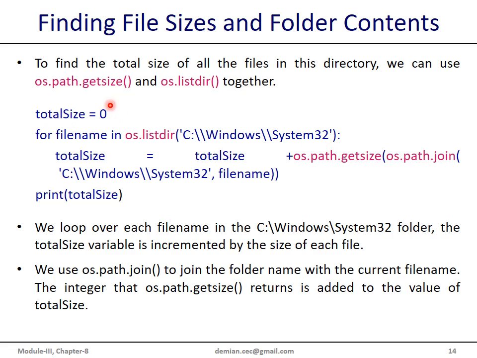What we have to do is initialize the total size as 0, and then for each of the file names in the list that is returned from listdir of the given path, we are going to add the size of the file using the method getsize, and the path of this file is obtained by joining the folder path and the file name that is obtained with os.listdir.